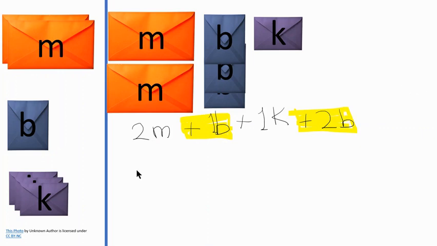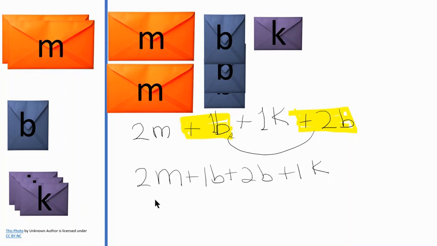I still have 2 m's, but now I have 1b, and I'm going to move this one here, plus 2b plus 1k, and this ends like this: 2m, 1 plus 2 is 3, plus 3b plus 1k. But this 1, if it's a 1, we don't write it. Okay? To simplify an expression is to put things that are the same together.